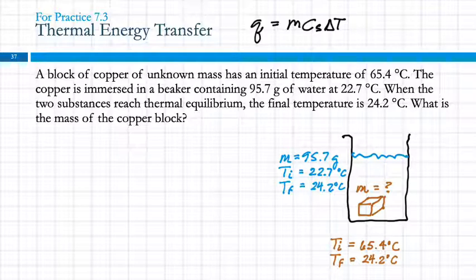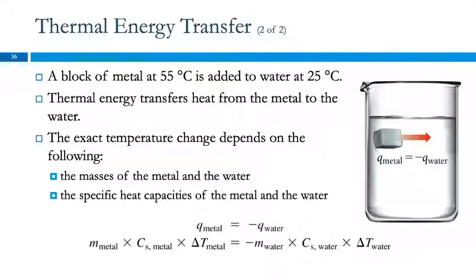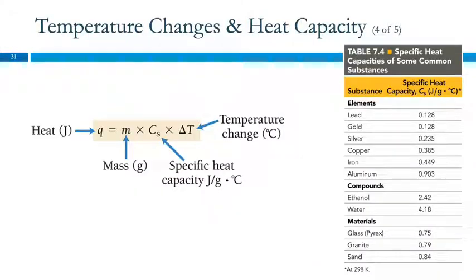So delta T for the water is the final minus the initial. So it's 24.2 minus 22.7, which I think is 1.5. So we've got M, and we've got delta T, and then specific heat capacity. If it's not given, we have to go look it up. So I'm going to go back to that table. Table 7.4.